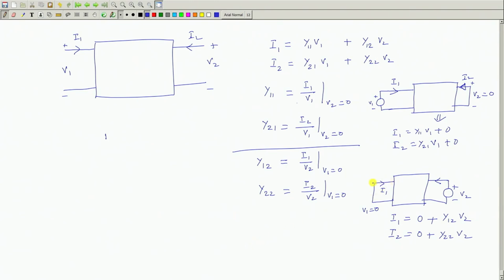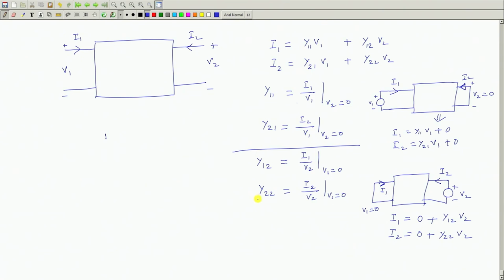So, with this input port shorted, apply a known voltage, measure this current, and your y 1 2 will be the ratio of this current to the applied voltage.